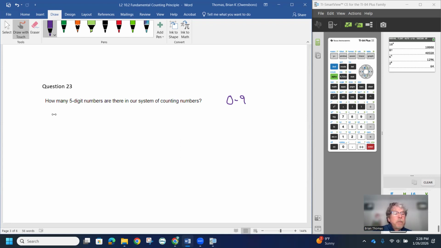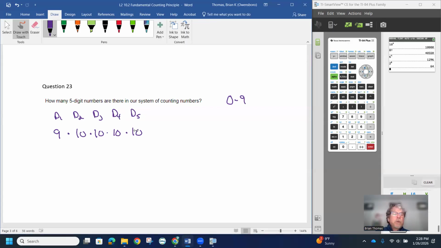If I talk about digit one, digit two, digit three, digit four, and digit five, I only think there's 9 ways to choose digit one because we don't write a number with a zero in front. So that's going to be nine, but digit two could be 0 through 9, so I have 10 choices there. Digit three would also have 10 choices. Digit four would be 10 choices because zero would be okay in those spots. And so I'd have 10 different choices for the last 4 digits.